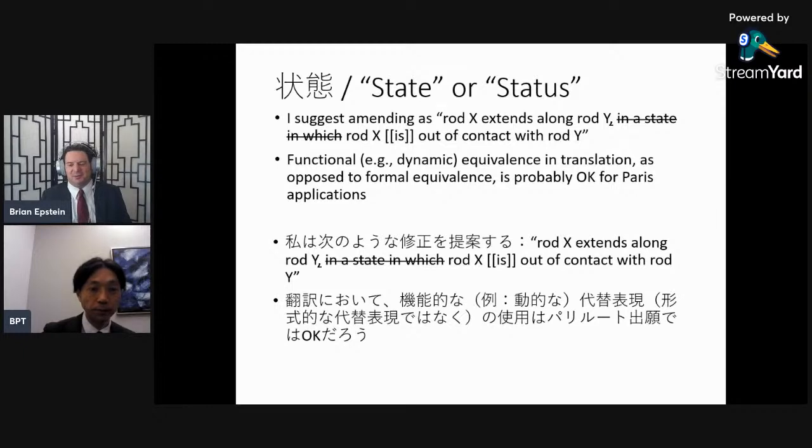And my concern would be that when we start getting into this kind of functional equivalence, where we take out phrases like in a state in which, then it's not quite the same application, right? It's a little bit more concise. So that's our recommendation for today on state and status. Try not to use them.